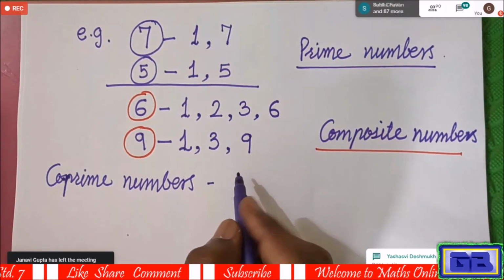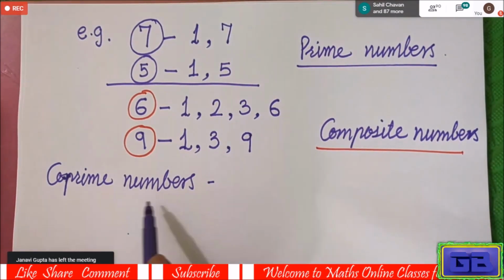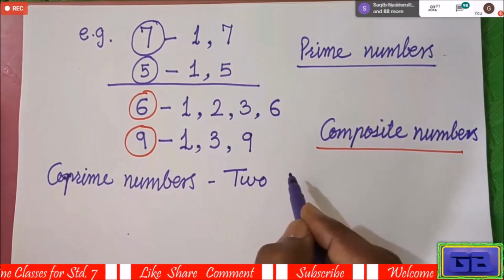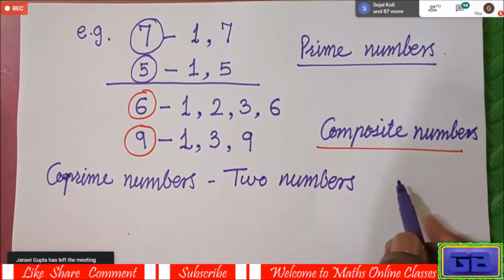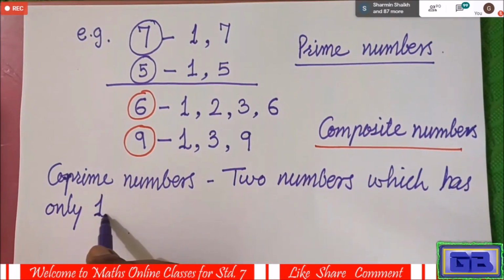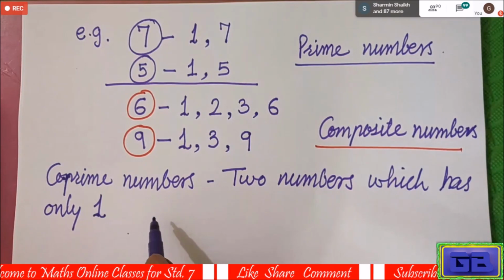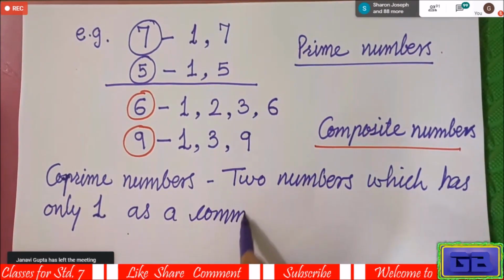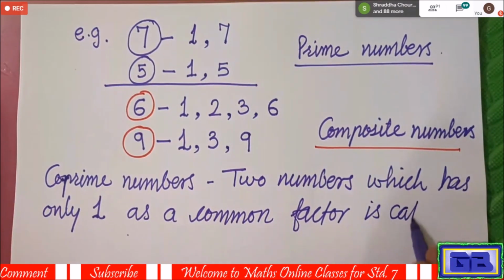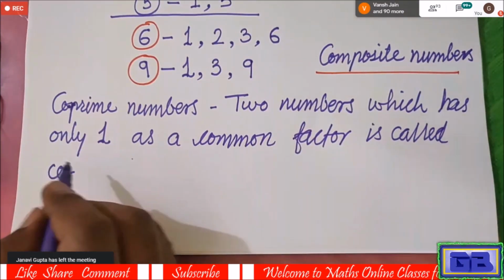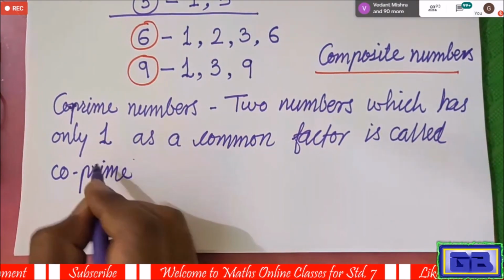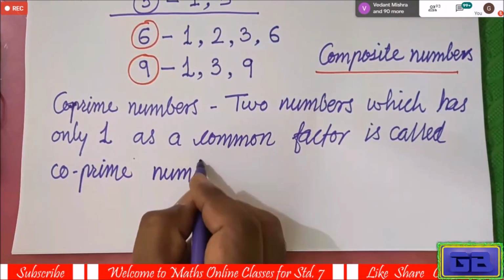Write down the definition of co-prime numbers. Two numbers which have only one as a common factor are called co-prime numbers.